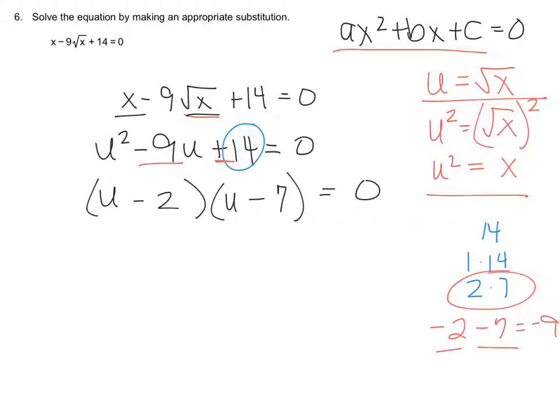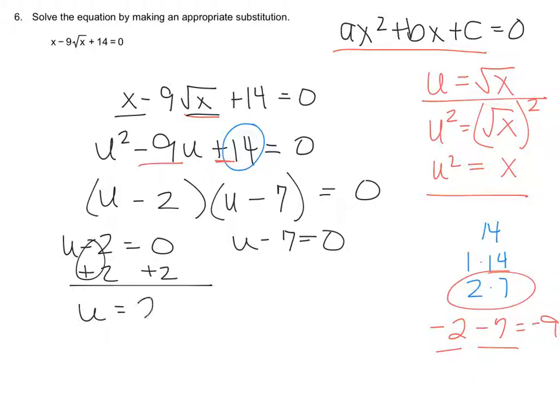Next, we'll set each factor equal to 0 and solve for u. In the first equation, I'll add 2 to both sides, and I'm left with u equals 2. In the second equation, we'll add 7 to both sides, and we're left with u equals 7.